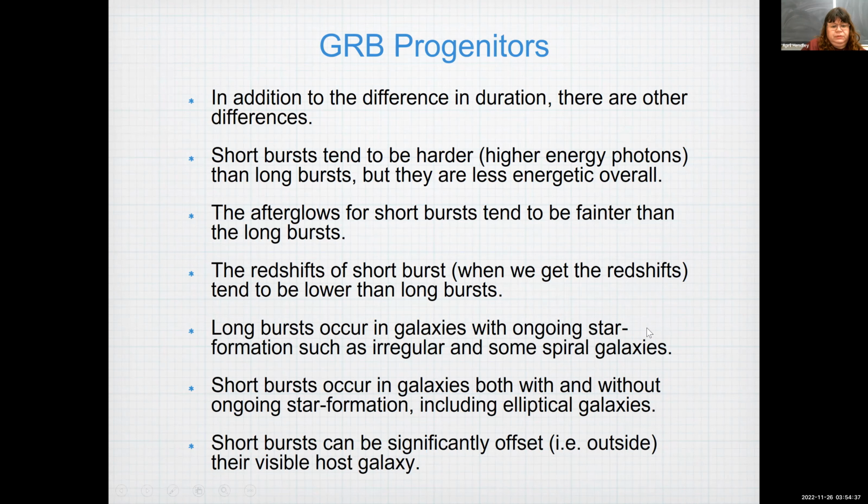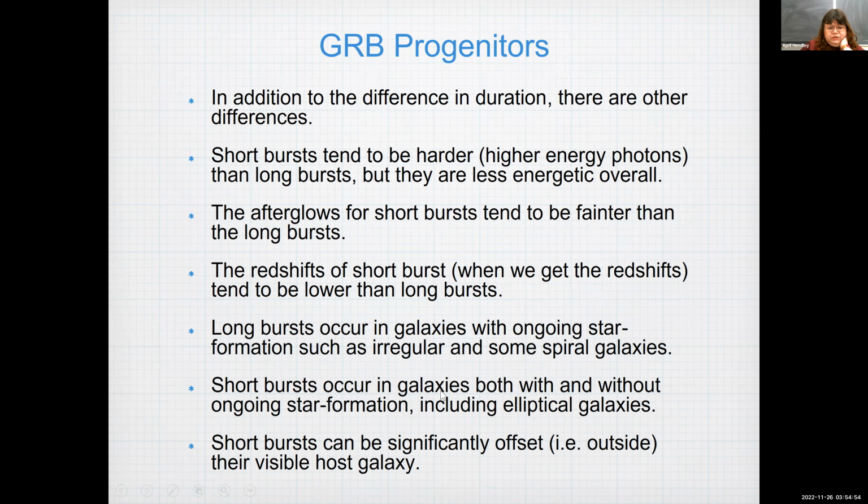Long bursts generally occur in galaxies with ongoing star formation, the regular galaxies, some spiral galaxies, and they generally occur closer to the areas with the ongoing star formation.